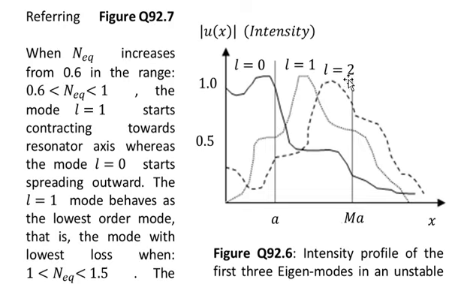And similarly, consider the mode L equal to 2. The L equal to 2 mode is represented by the large dotted lines. You see that it has some definite value at the center of the mirror. Then of course it will decrease, and then it slightly increases. And then after the dimensions of the mirror, it keeps on increasing, reaches some maximum value within the aperture of size MA, and after that it will keep on decreasing.